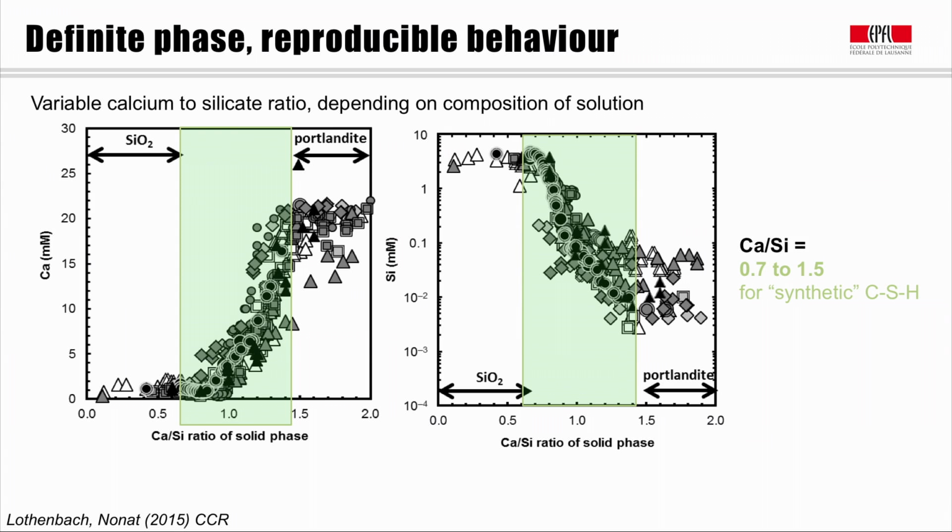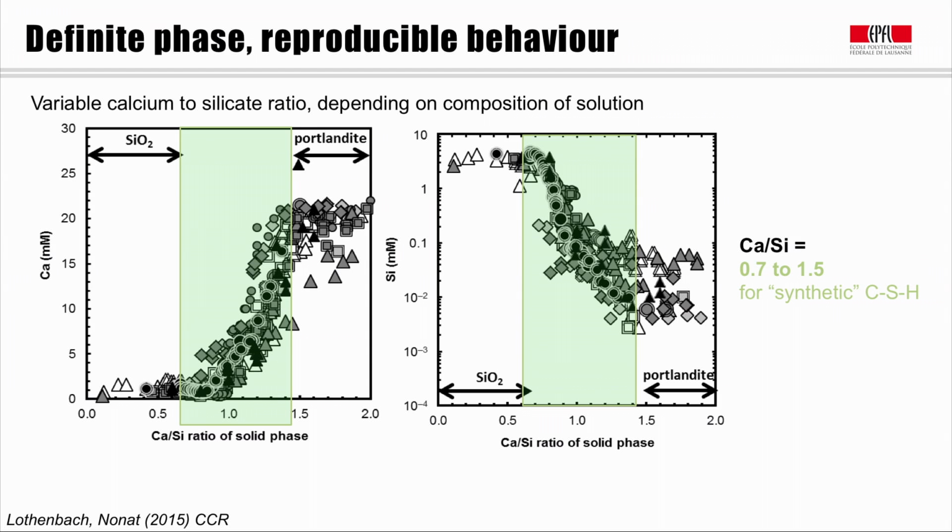On these two graphs, you see the results of many, many different experiments carried out over the last 80 years or more on examining the CSH. Although there's a lot of scatter because of the experimental measurements, we always see the same behavior of CSH.